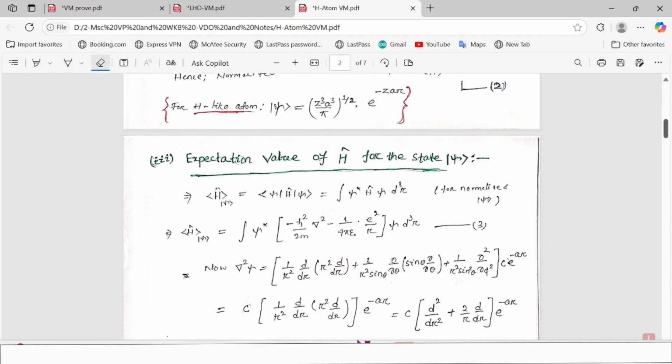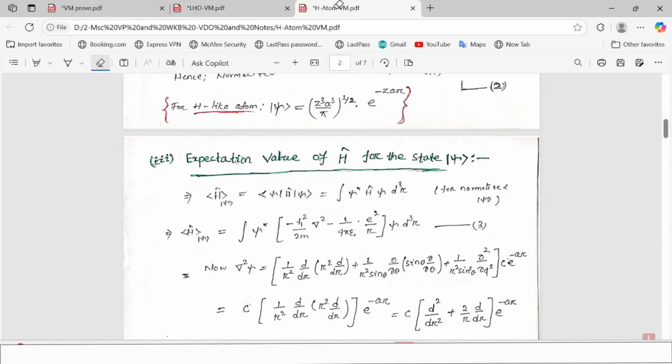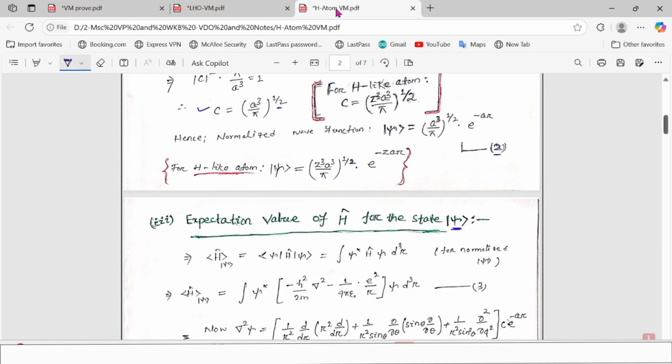Now we are going to go for our third step. The third step is to calculate the expectation value of the Hamiltonian for the state psi. The normalized psi we got as equation number 2.